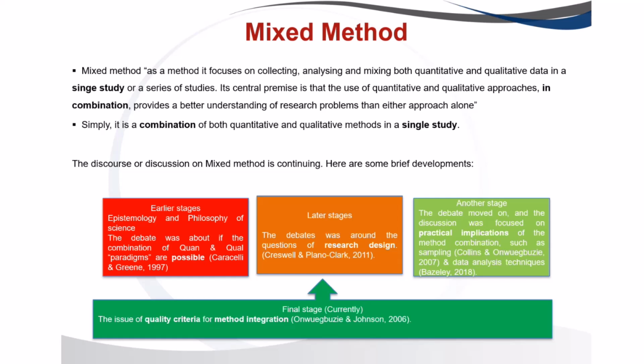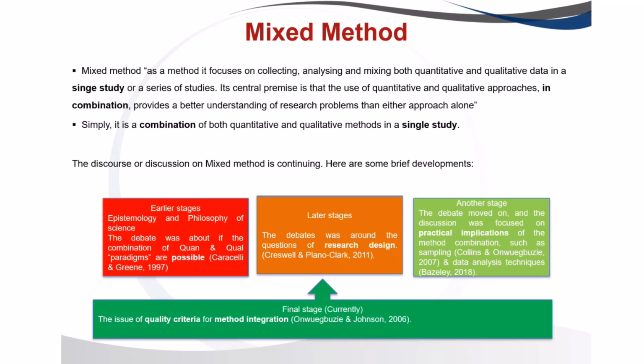But at the later stage, the debate was around the question of research design. It's where we are now, and going to the current stage, it's more about the mixed method research design. The debate moved on, and the discussion focused on practical implications of the method combination, such as sampling and data analysis techniques.